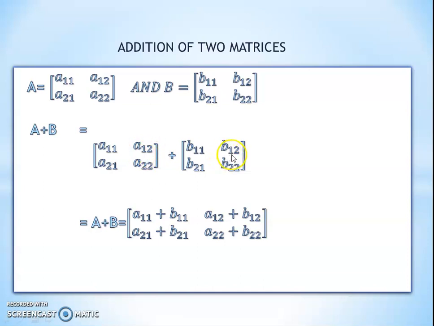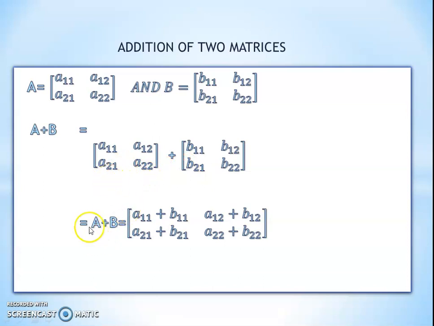A12, B12 are in the first row, second column position. A21 and B21 are in the second row, first column position. A22 and B22 are in the second row, second column position. Now we have to take the addition of the elements in the same position only.